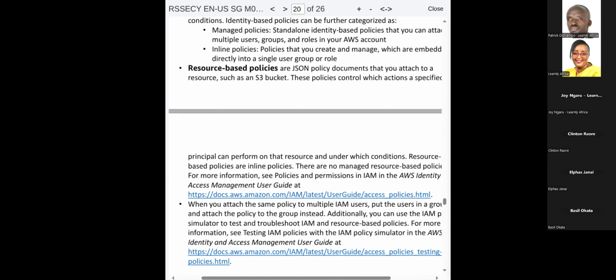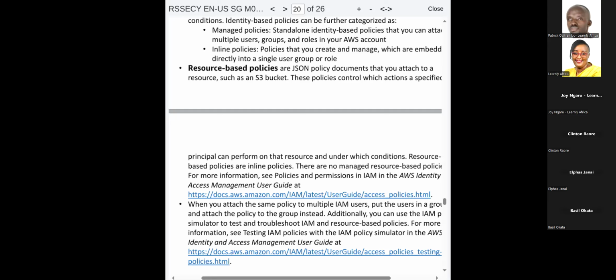A good example is a resource-based policy attached to an S3 bucket that says only EC2 instances can access this particular S3 bucket. All right.